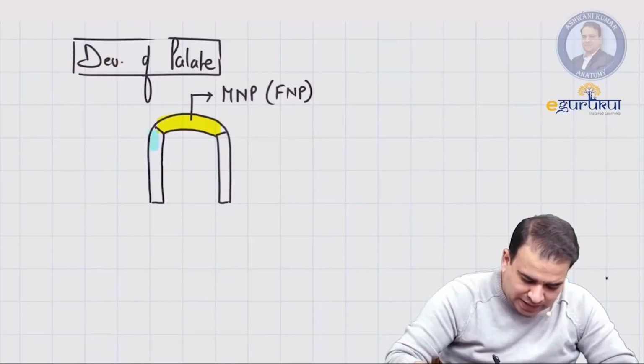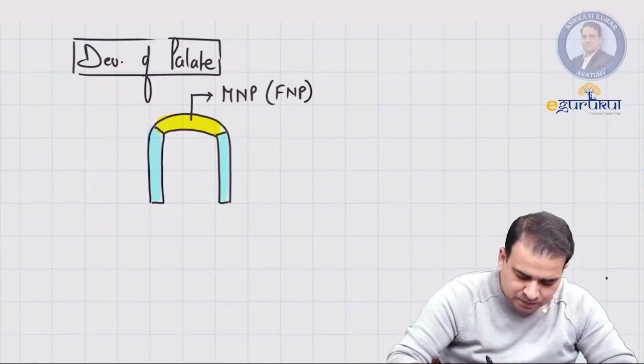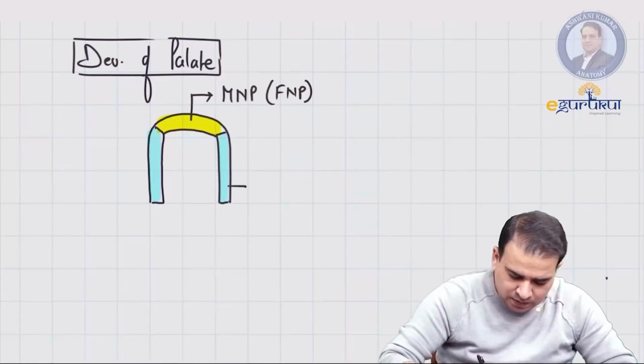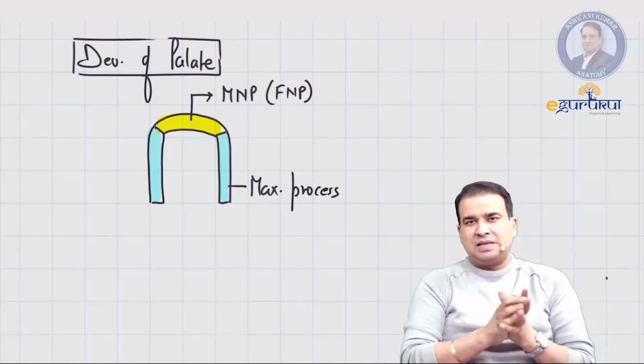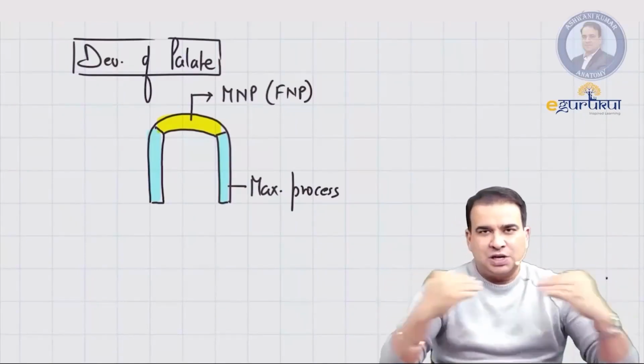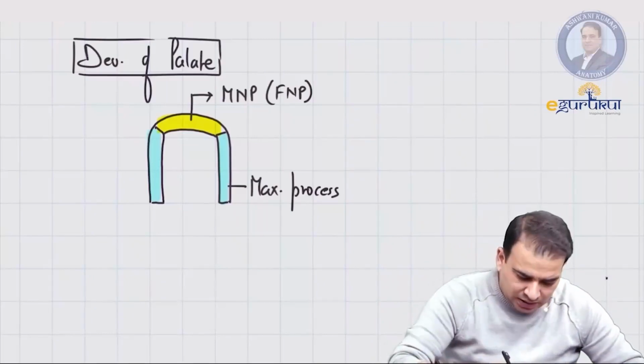And the one on the side here, that is the maxillary process, which is derived from the mandibular. This is the maxillary process. Now, both these processes, the frontonasal process and the maxillary process, will give some shelf-like structure inside.